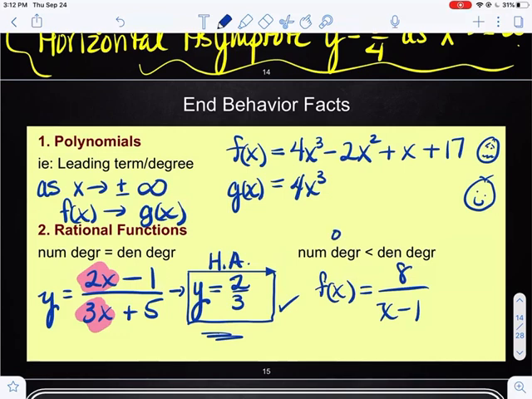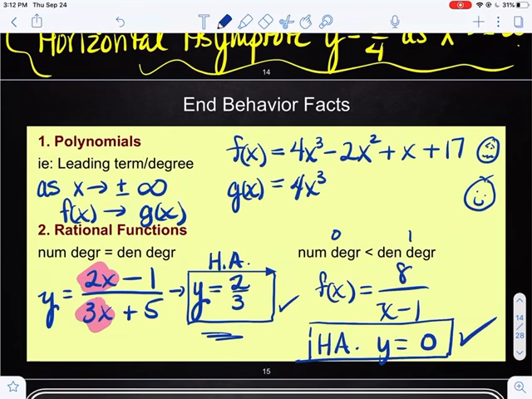The denominator degree is 1. So whenever this happens, the horizontal asymptote is then y is equal to 0. Think of it like this, the horizontal asymptote is the quotient value when x gets really, really big, right? So think about this, 8 over a really big number minus 1. It's going to go to 0.